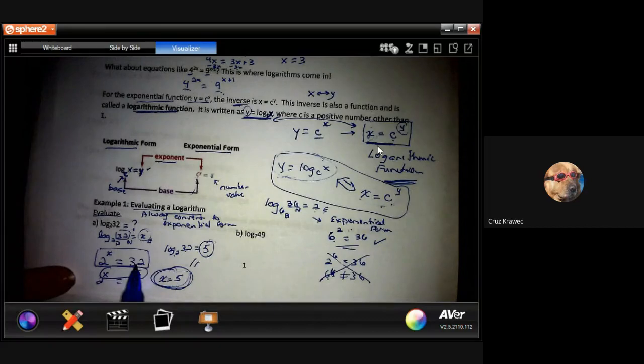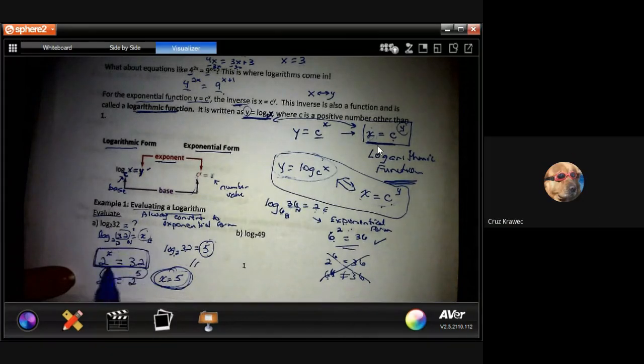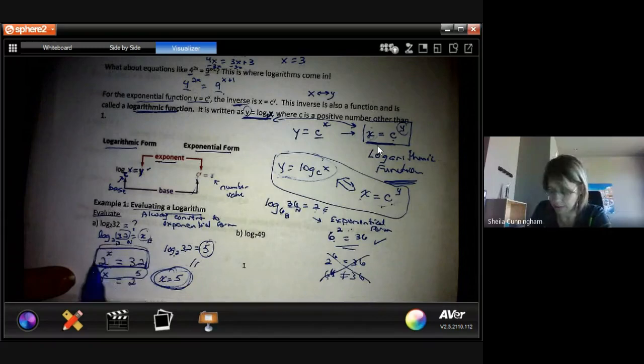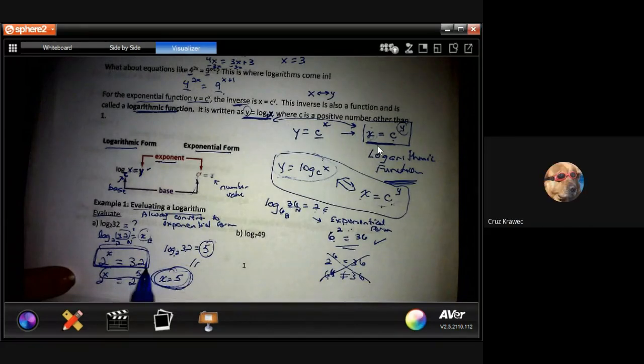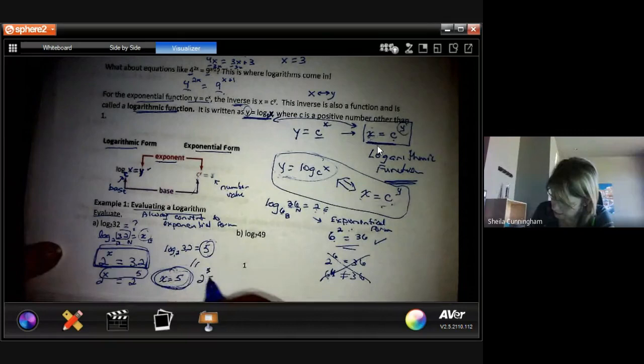Is it all right if we write it in that way, or would you prefer the other one? You need to get it here first. I mean, if we write it as the final answer. Oh, you're saying if you left it like this, 2 to the power of 5 equals 32?